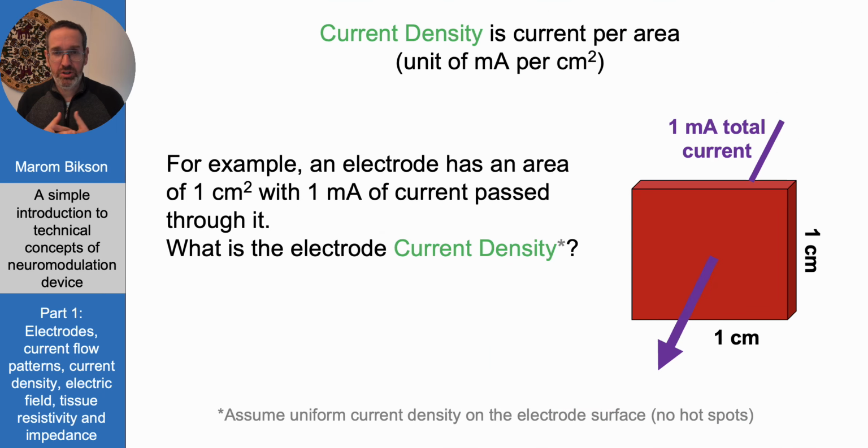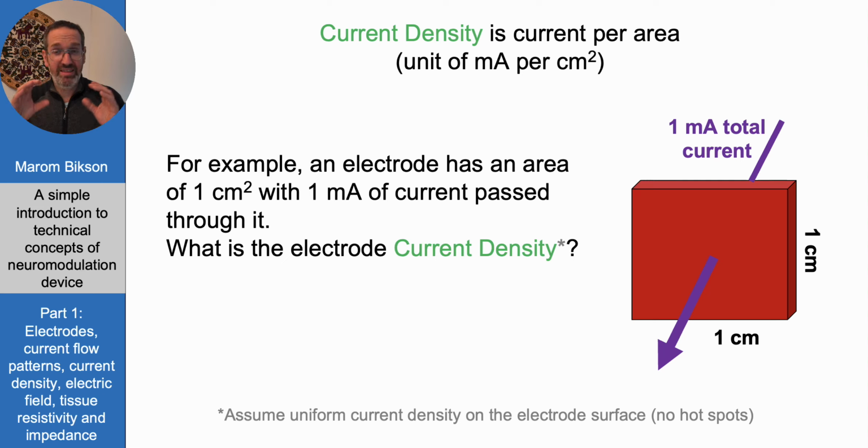So how do we think about current density? You get a good sense of what current density is by its units, which is current per area. For example, milliamps per centimeter squared. I want you to imagine that there's a window, and let's say that window is 1 centimeter by 1 centimeter, so it's simply 1 centimeter squared. And through that window, over the net amount of the window, there's 1 milliamp flowing through. It's flowing through different parts of the window, but over the entire window, there's 1 milliamp flowing through.